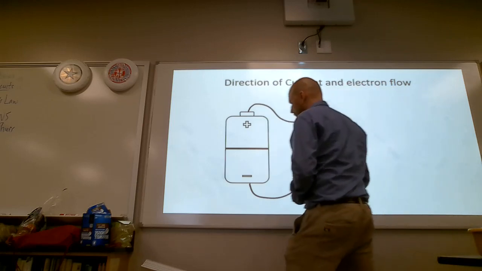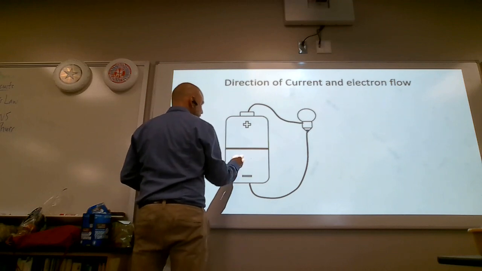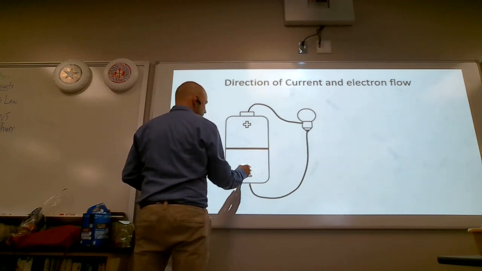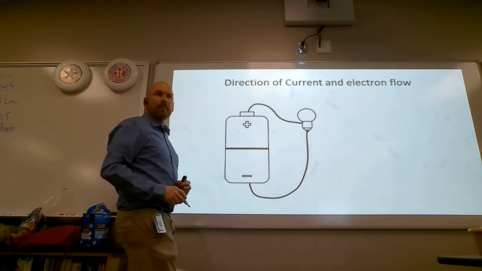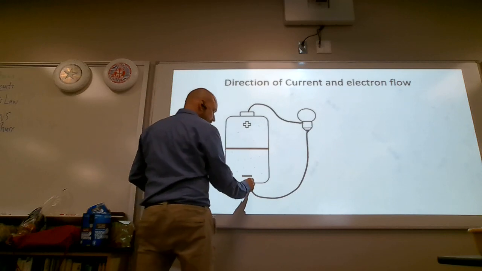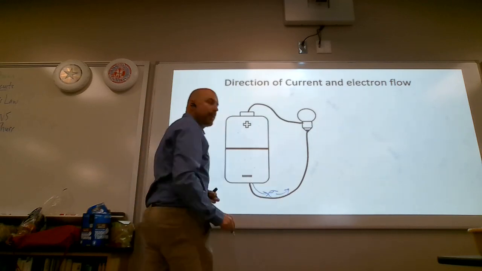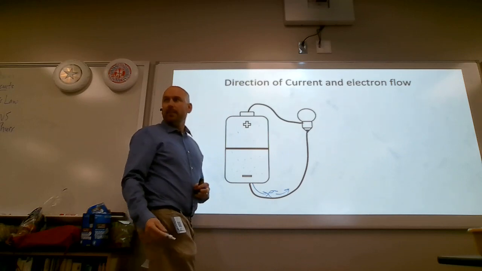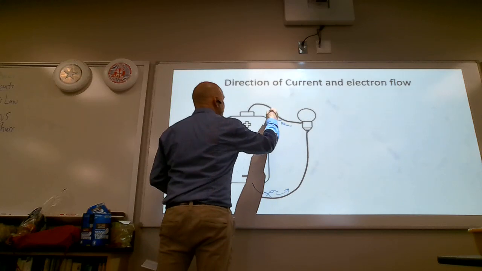So if we were to hook this circuit up, which way are electrons going? They're going out of negative, right, through the light bulb and into positive.